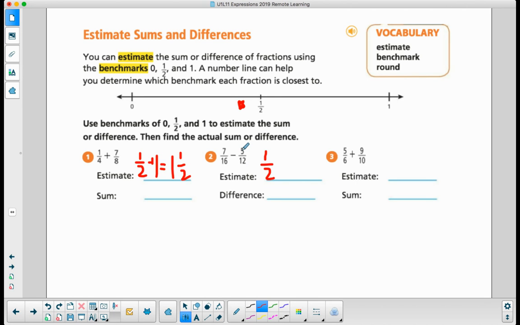Well, what's half in twelfths? 6/12. So it's really close to right there. It's just 1/12 away from a half. So I have about a half, subtract a half. Their difference is really hardly anything, isn't it? So I'm going to have a very small difference.